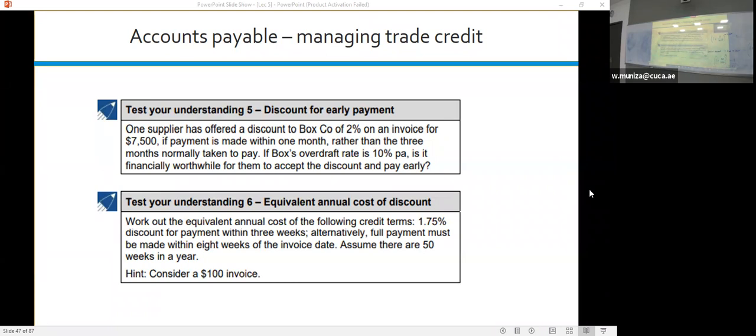Actually, my calculator is the simple one, so I cannot take the power. Yes, power is not there. 1.7. Formula type.